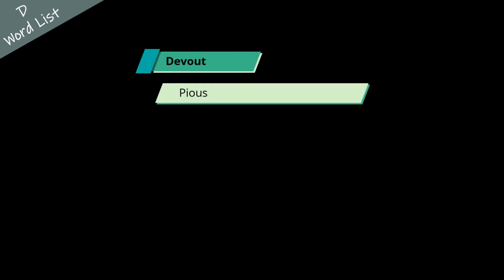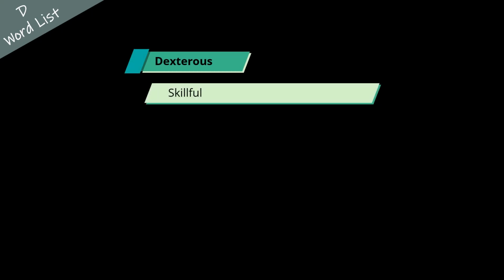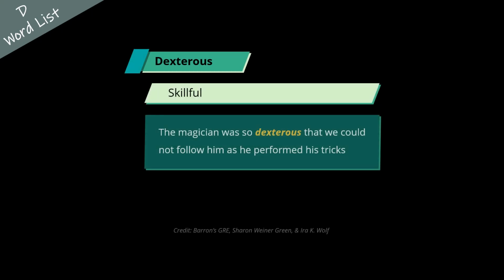Devout means pious. For example, the devout man prayed daily. Dexterous means skillful. For example, the magician was so dexterous that we could not follow him as he performed his tricks.